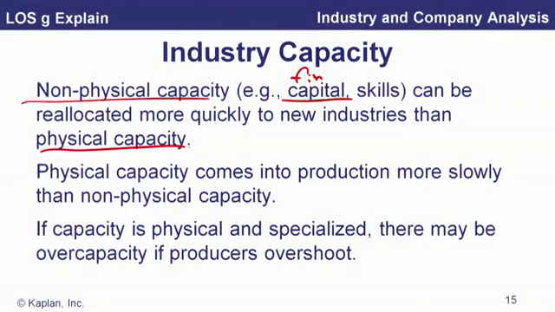It spins stuff around and you make it round. Can we redirect that lathe into the ice cream business? Well, probably not, right? So physical capital comes into production more slowly, and that allows for the overshooting. And if the capacity is physical and specialized, that's where we're going to get the biggest problem with our overshooting, right?